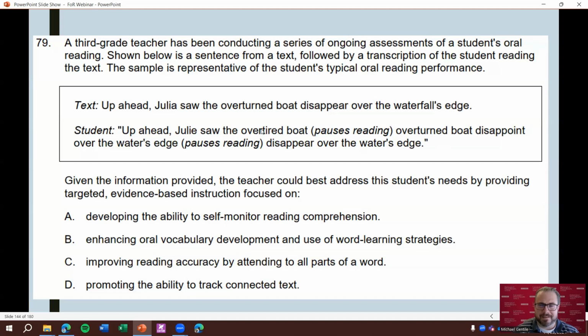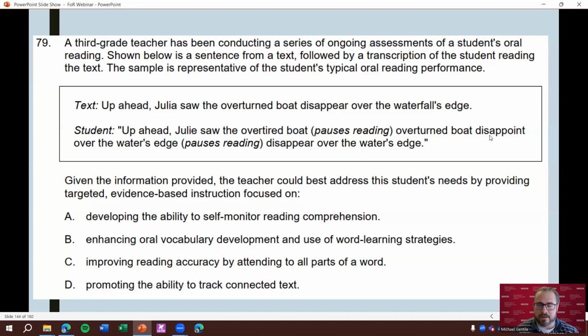Tired is a whole word. Oh, no, wait. Tired is, wow, that's true. Tired is a suffix, isn't it? Right? Tire. You just never hear the word tire as much as you hear the word tired. So sorry, yes, this is a compound word, over tire with a suffix ed at the end, and she's missing the second part of the compound word in the suffix, and then she has to self-correct and redo it.